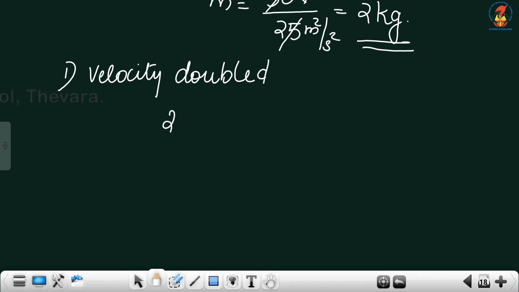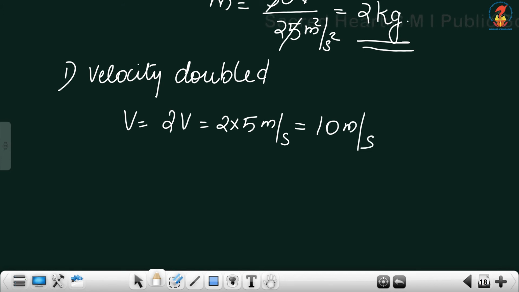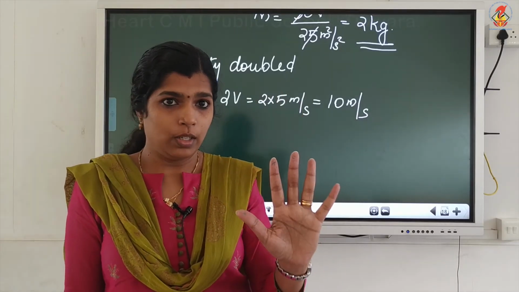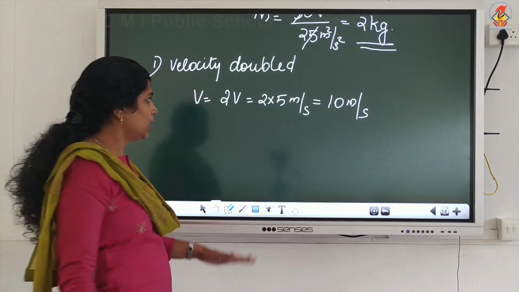So, v equal to 2v. We know the value of v, that is 2 into 5 meter per second, that is equal to 10 meter per second. Doubled means 2 into v. So, we already know v is 5 meter per second, into 2, 10 meter per second.